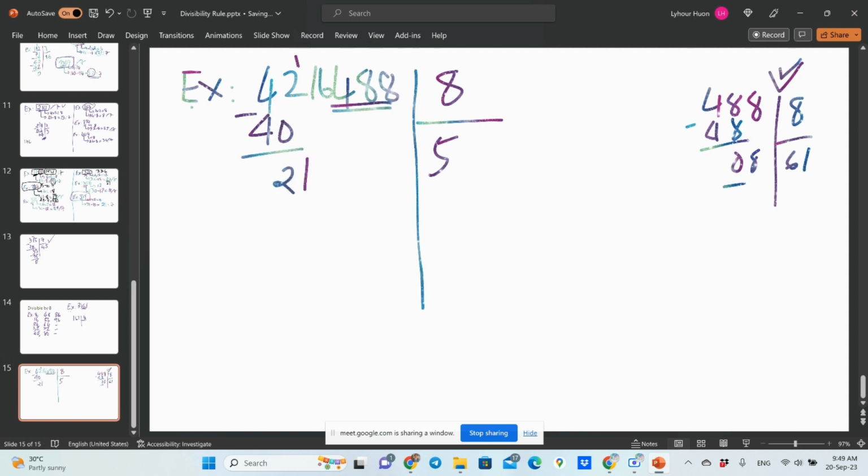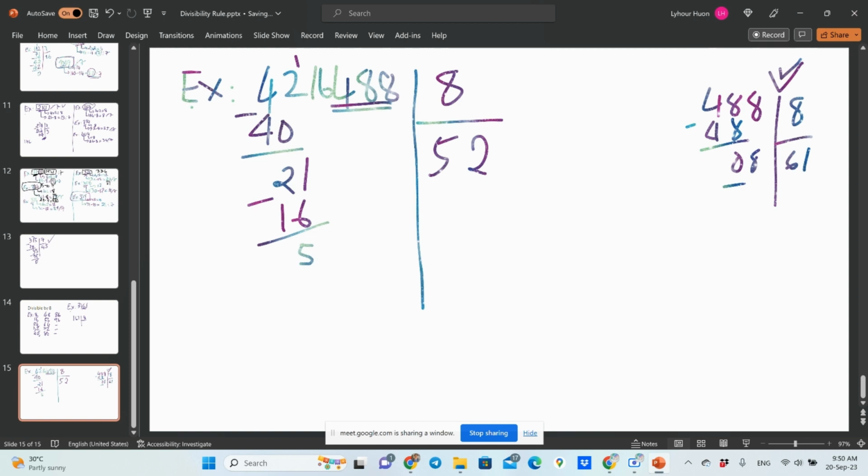How many times does 8 go into 21? 2. 2 times 8 is 16. So 21 minus 16 is 5.